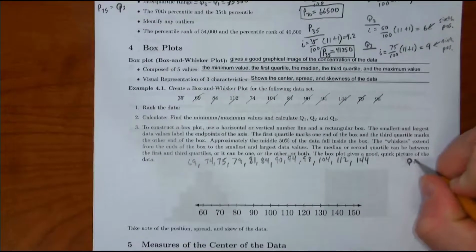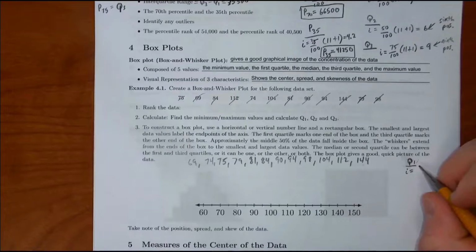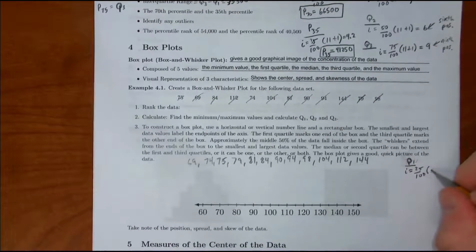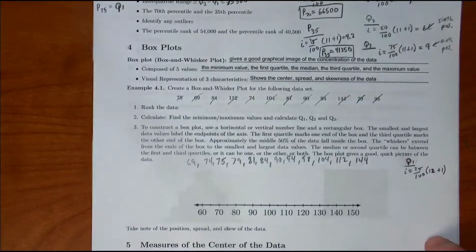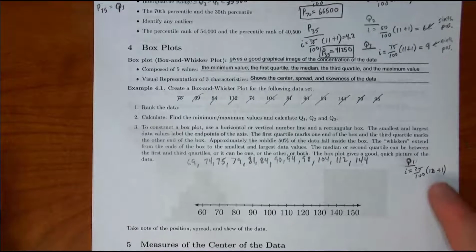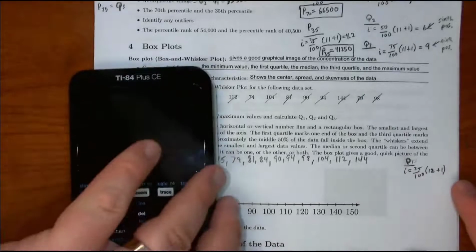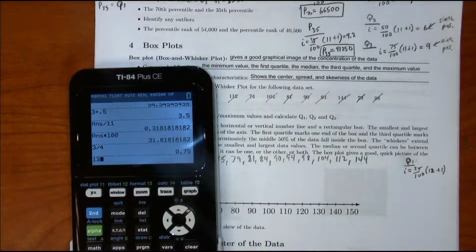It's the 25th percentile, so 25 over 100 times 12 plus 1. That's our index. 25 over 100 is 1 over 4, times 13, so that's 13 over 4, 3.25.